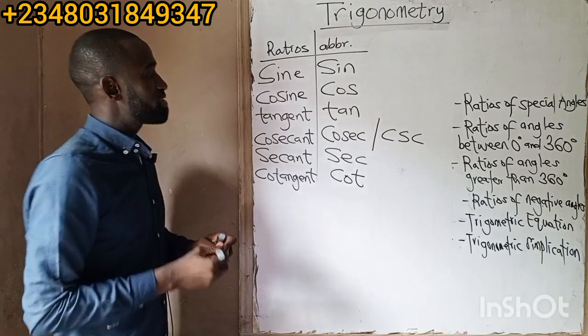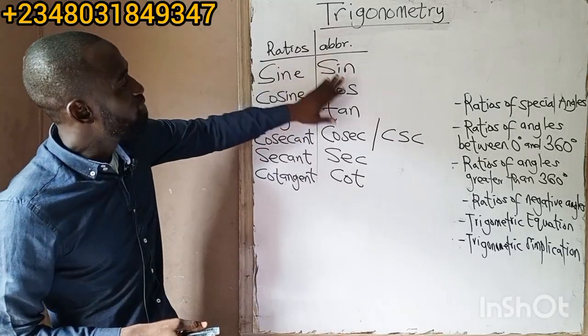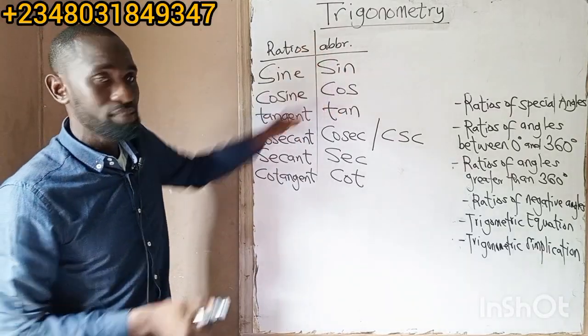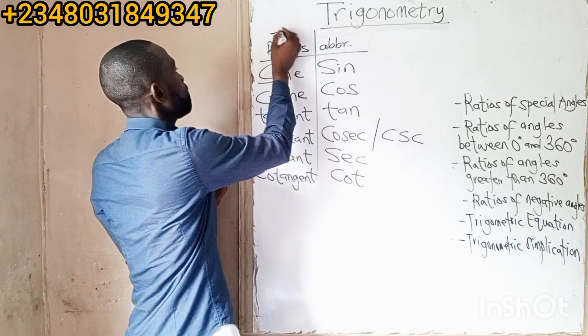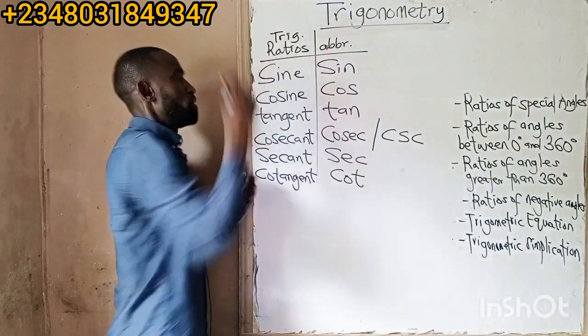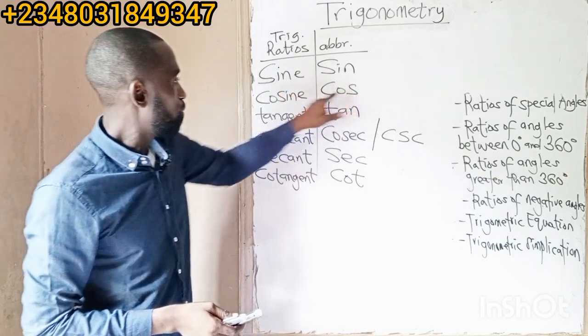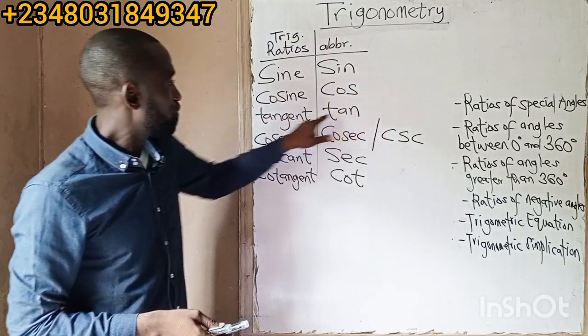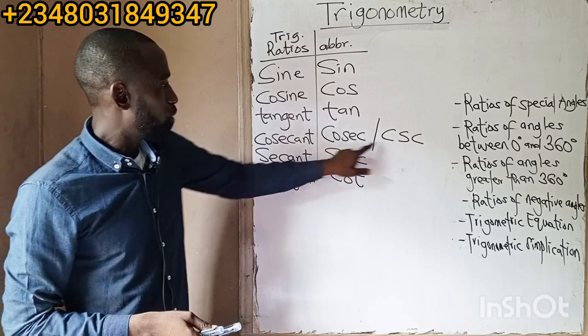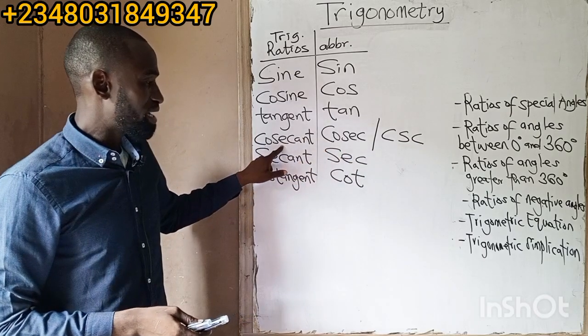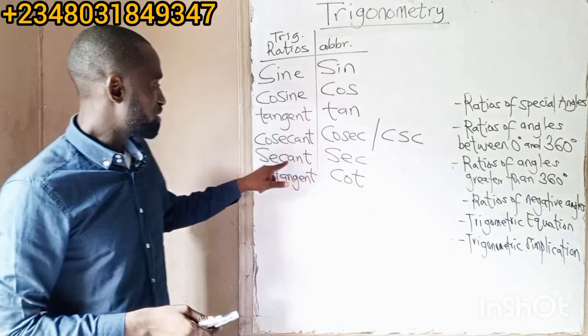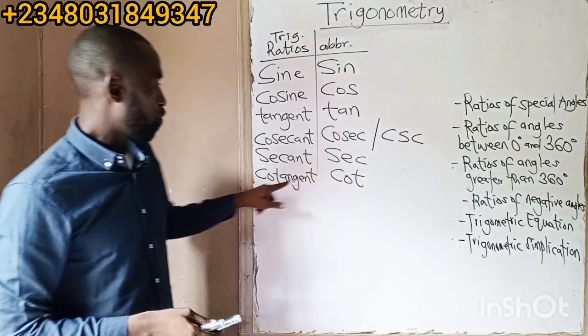So anytime you see all these things, these are the abbreviated format of the trigonometry ratios. So we have sin for sine, cos for cosine, tan for tangent, cosec or CSC for cosecant, sec for secant, and cot for cotangent.